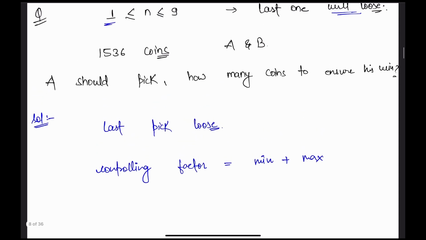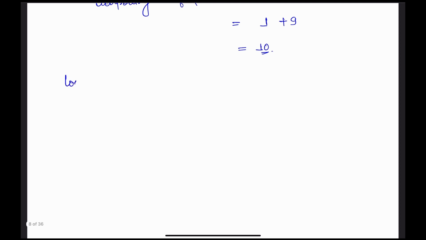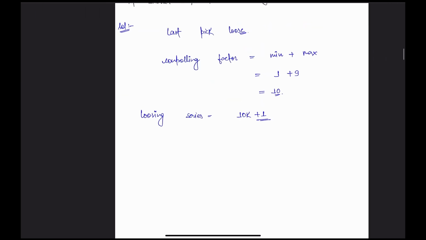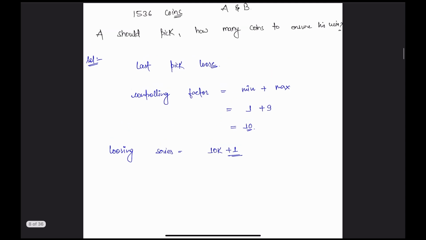So the minimum is 1, maximum is 9. So 1 plus 9 is nothing but 10. So the losing series will be nothing but 10k plus 1. So the person who is having 10k plus 1 will surely lose.